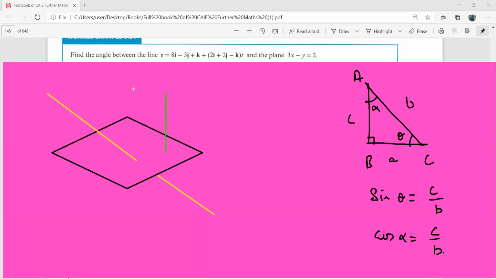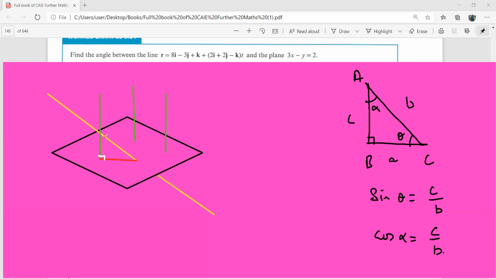I can draw it anywhere, but I would intentionally be drawing it over here, and then I'll draw a line between these two points. Like this, so we have a right angle over here.